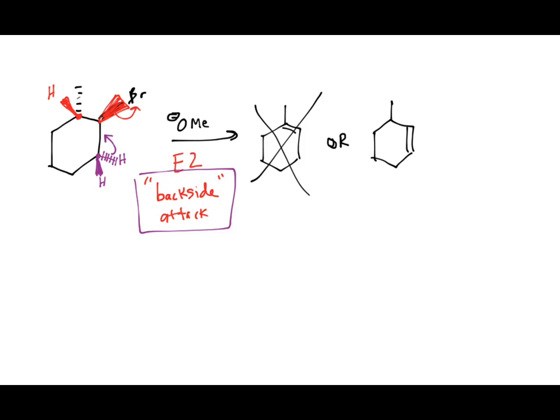Which means, where does our double bond form? Right there, and we end up with our double bond forming in the least substituted position. When it comes to E2 eliminations, they're much trickier because you must have that alignment. It's how this reaction works. If you don't have that alignment, then the elimination doesn't occur.